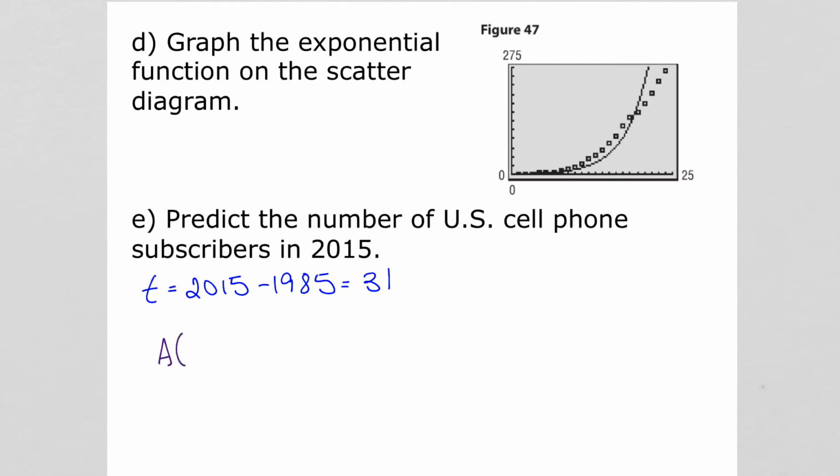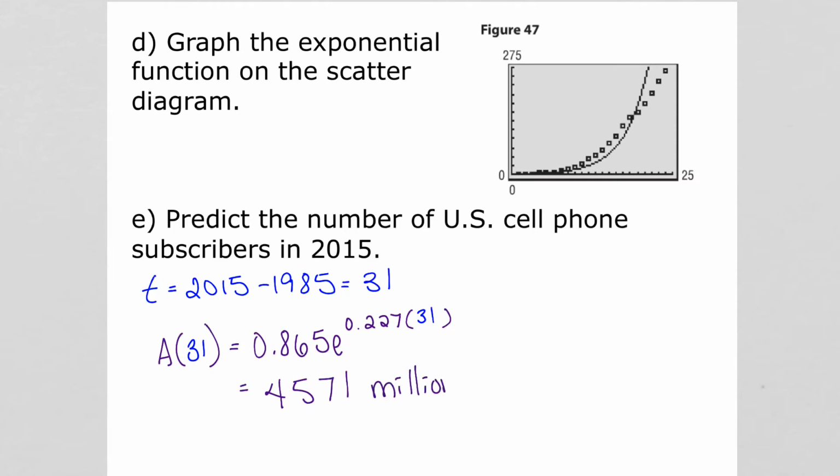So we want A of 31. And you could use either function. I just went ahead and used the second one. Plug in 31 for T and you should get approximately 4,571 million, which is the same thing as 4.571 billion.